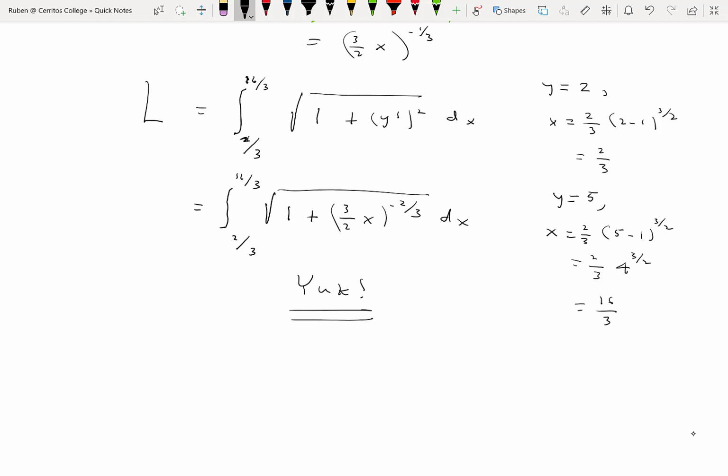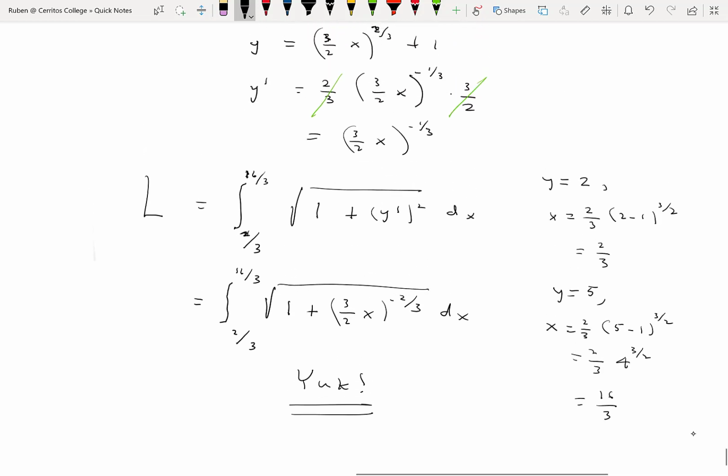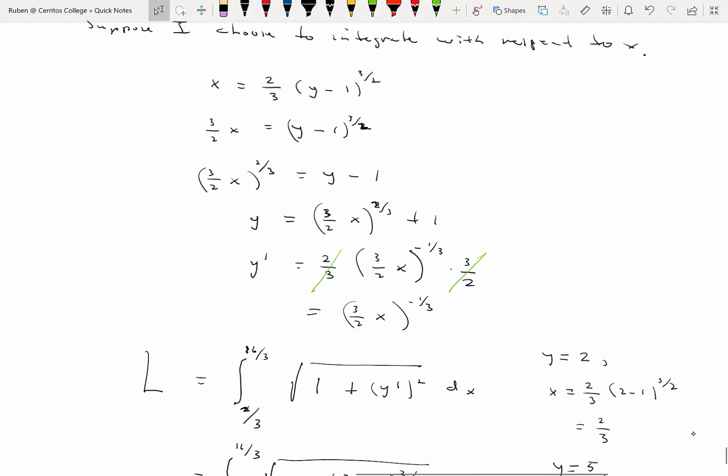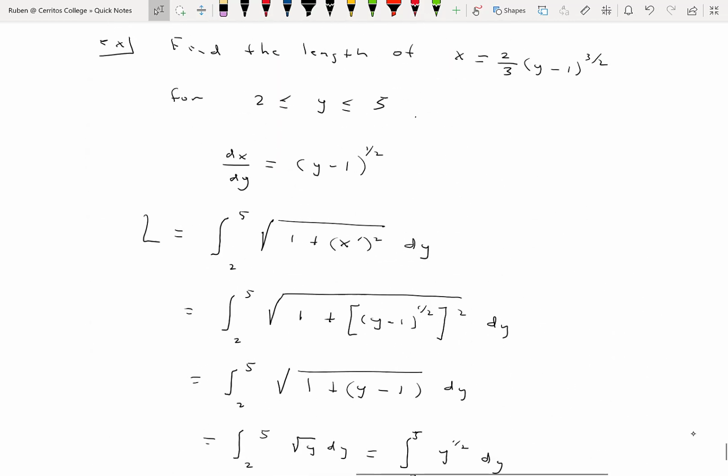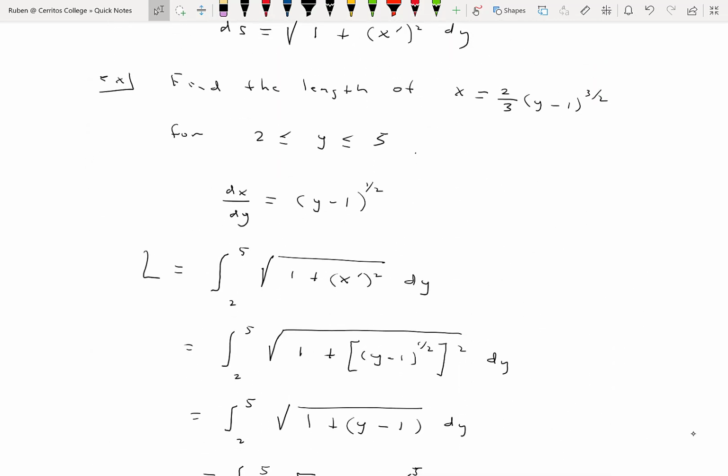Now, why would I do this? Why would I take an example where integration with respect to y would be so much simpler? The reason is we didn't know ahead of time the difficulty level of the integral that would result in finding arc length. The only reason we chose to integrate with respect to y was we were given our function as x is a function of y.